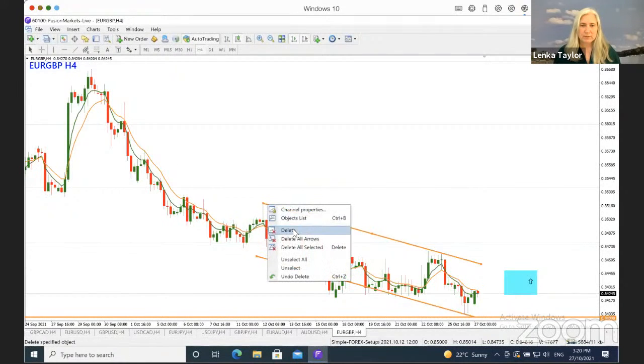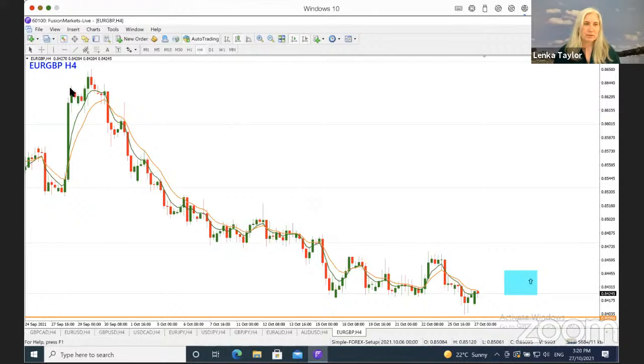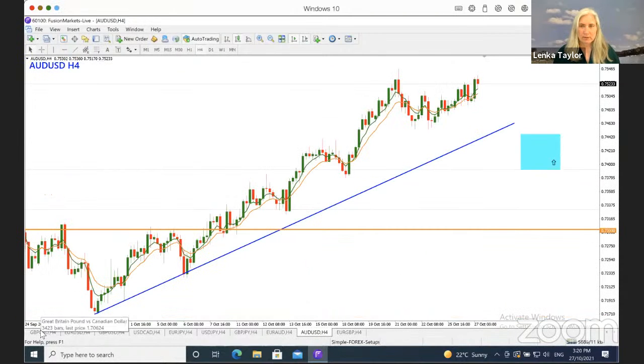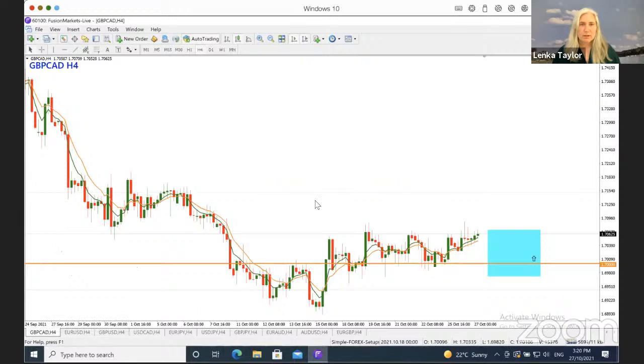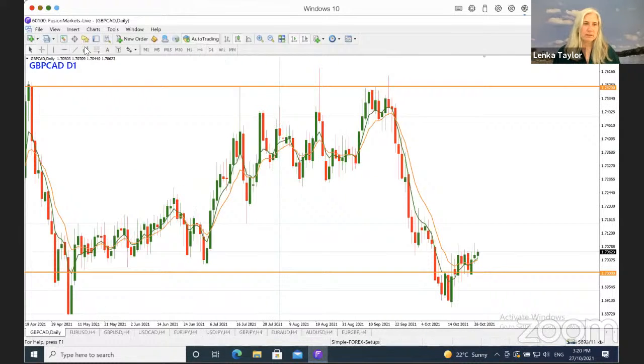Let's say I'm looking at this going up. When it's at the beginning of a reversal, then I would put more risk.